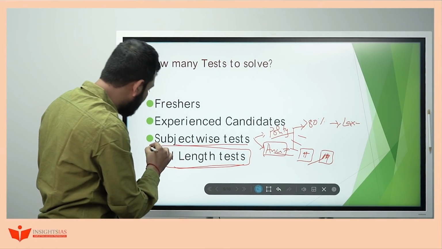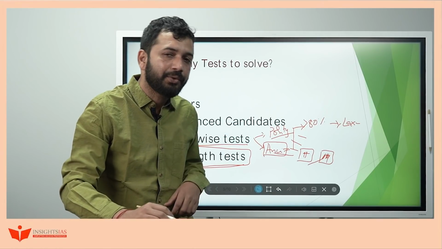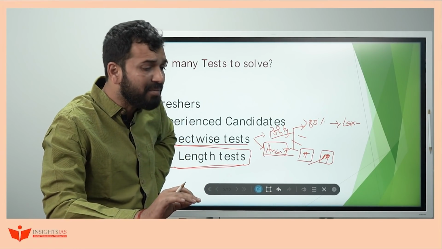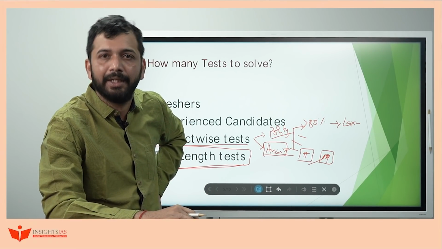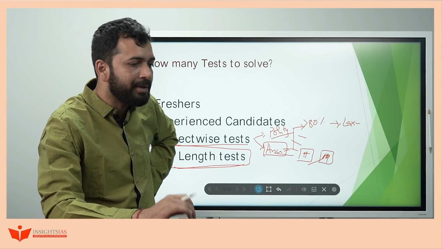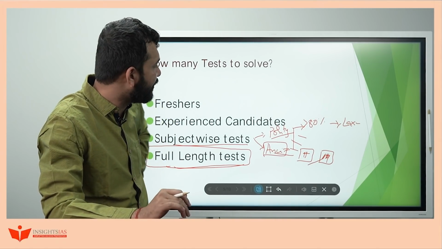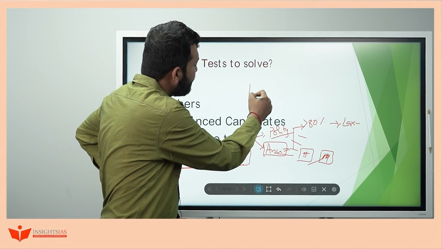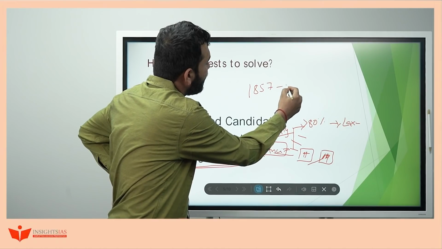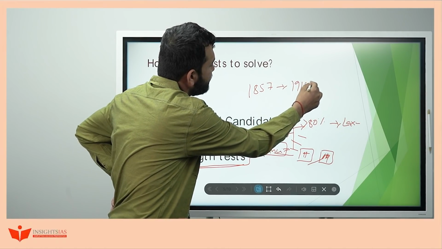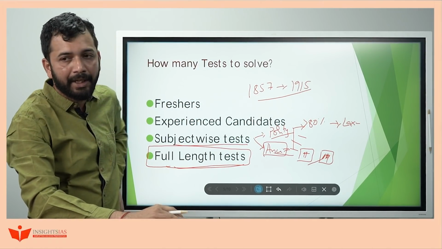However, when it comes to full length, in the subject wise test there is always a drawback for a paper setter, and it is misleading for many reasons. Let's say they have a syllabus from 1857 to the arrival of Gandhi, so 1950.